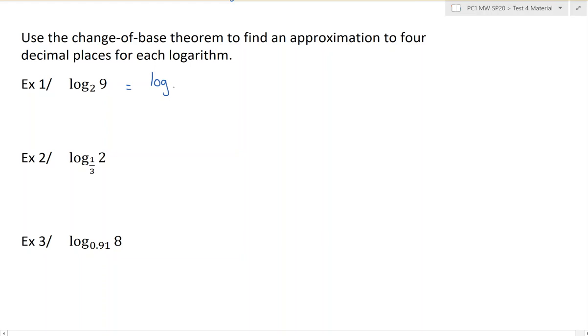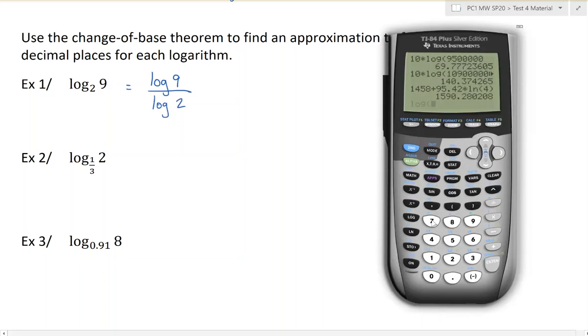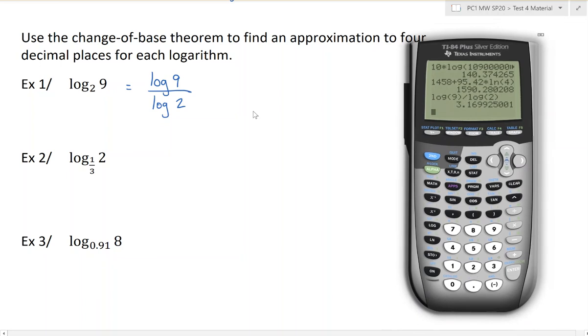So we'll make this a log base 10 of 9, and this a log base 10 of 2, and then we'll divide that. So log of 9 divided by log of 2, and we get about, let's see, how many decimal places did we say? 4 decimal places, 3.1699.